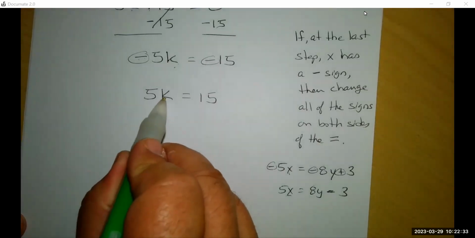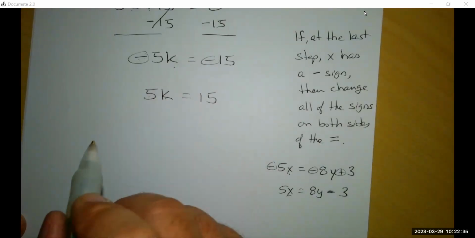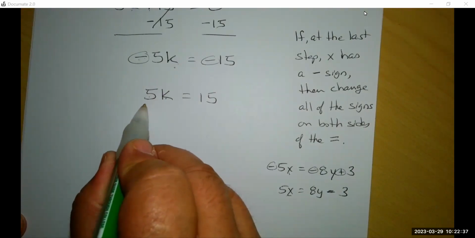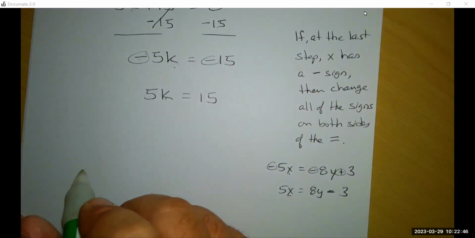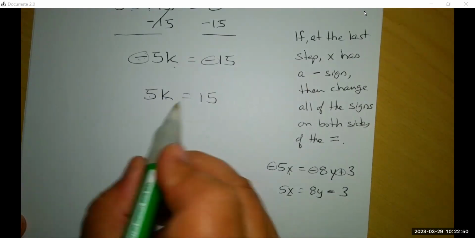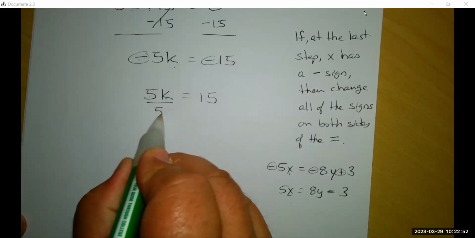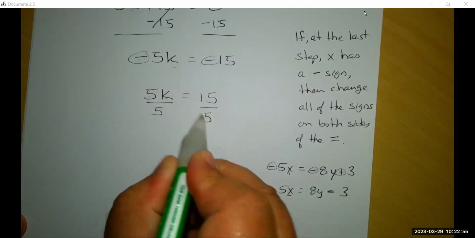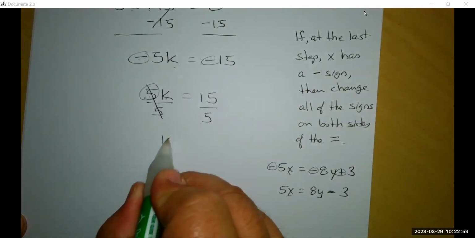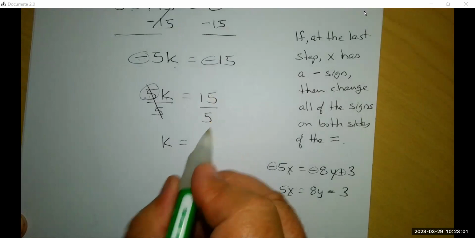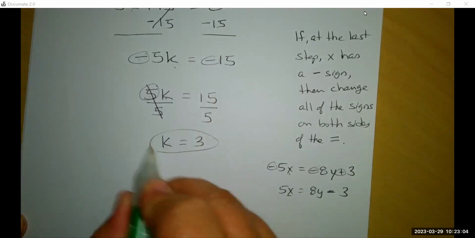And then to get the variable by itself, I do what? How do I get the K by itself? Divide both sides by 5, by the coefficient. Whatever's in front of the variable, divide by it. 15 divided by 5 is 3.